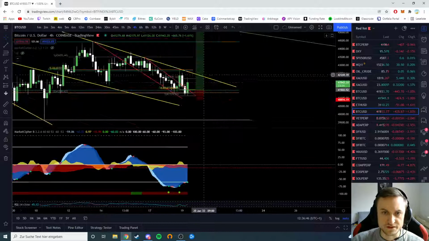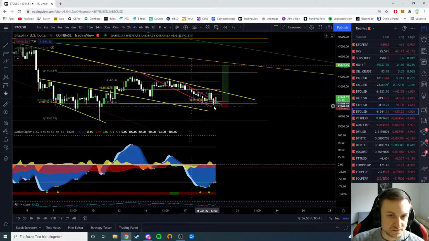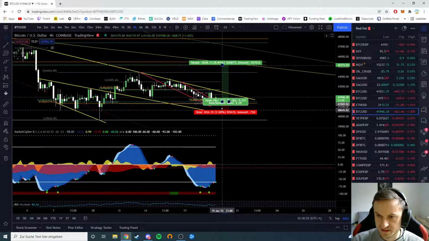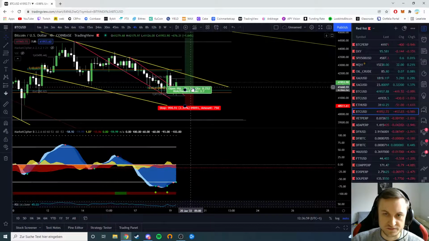You have a very, very nice risk-reward ratio. I have my stop on another exchange right now at 40,500. So even with that, it is right now for me a risk reward of 3.7.